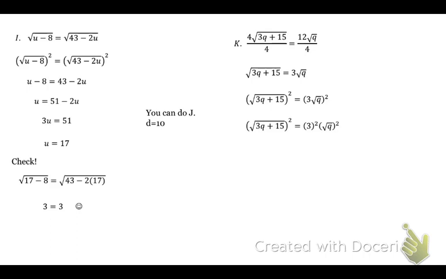The right side, we can break that down to 3 squared and the square root of q squared, because they're being multiplied right there. So that's going to be 3q plus 15 equals 9q. Subtract that 3q, 15 equals 6q. Divide by 6, and you get 15 over 6, which reduces to 5 halves.